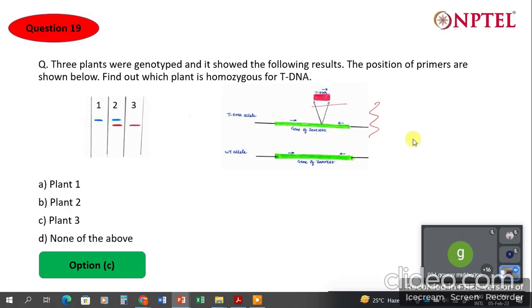It will be observed, but at a very low concentration, so it will not be observed here. Only the tDNA region, that is the small band, will be observed, and the larger band will not be observed. So that's how we count that it is homozygous for the tDNA.